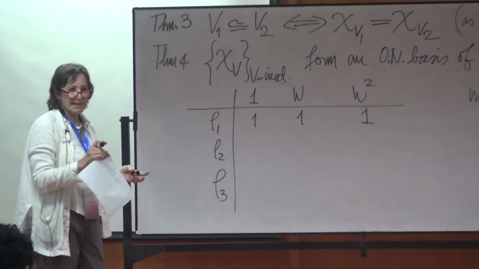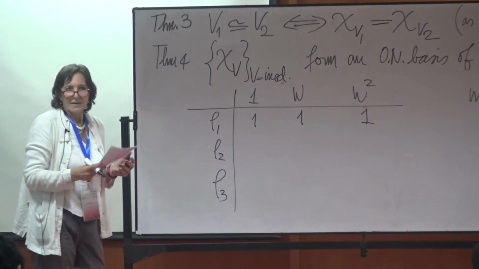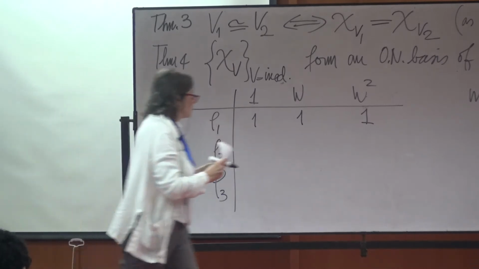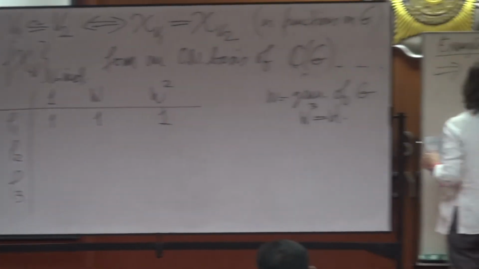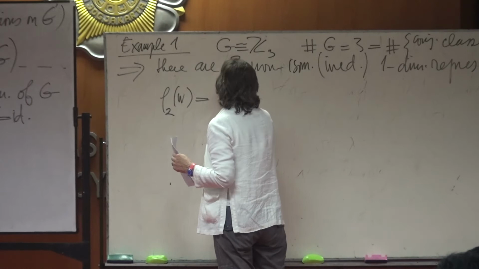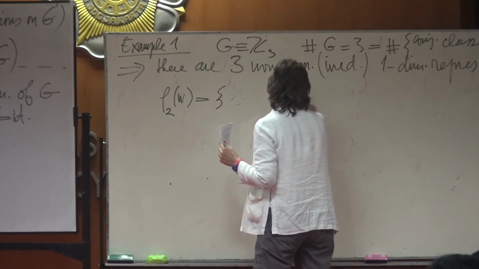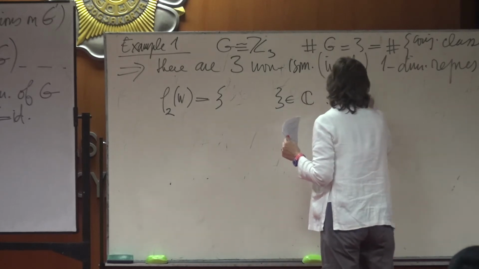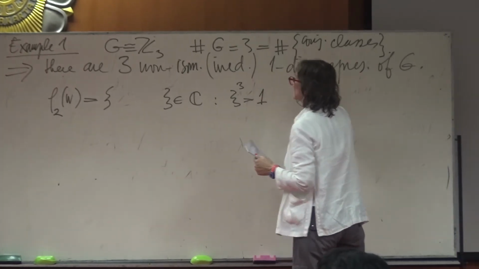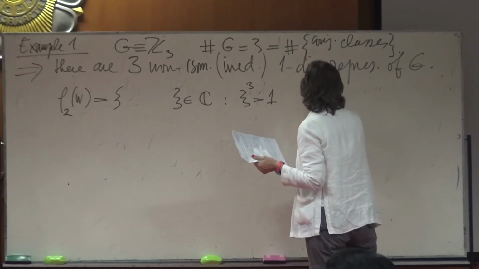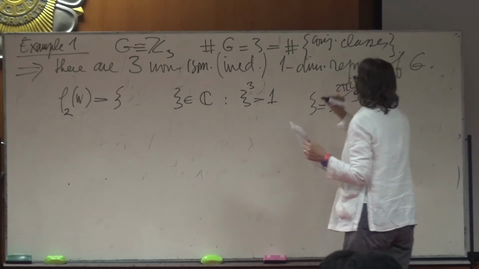For the other 2 representations, we can just say, okay, maybe rho 2 of W is Z, where Z is a complex number such that Z cubed is equal to 1, for example, we can take e to the 2 pi i over 3.